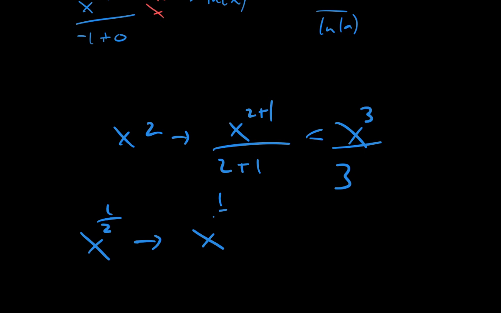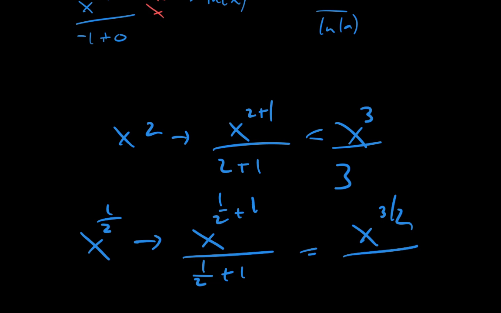So x to the 1/2 plus 1, no, sorry, there's no x there, 1/2 plus 1, x to the 3/2 over 3/2, or 2x to the 3/2 divided by 3. Whoops.